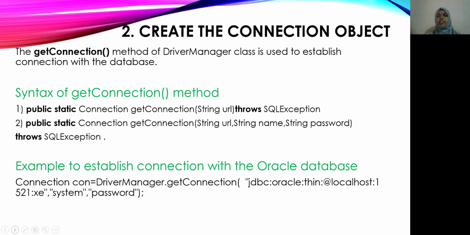The syntax is Connection con = DriverManager.getConnection. Here DriverManager is a class and the method used inside it is getConnection. We use the dot operator, DriverManager.getConnection, and you pass the URL in which your Oracle databases are stored, and also the Oracle username and Oracle password, and then a connection is created, which is named here as con.